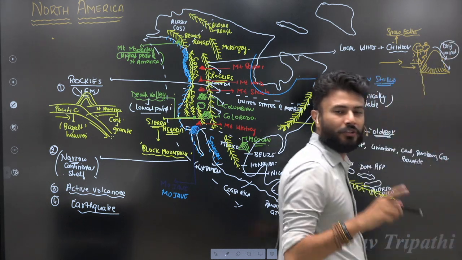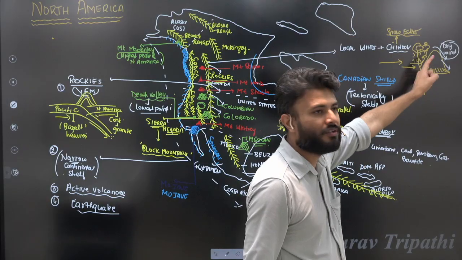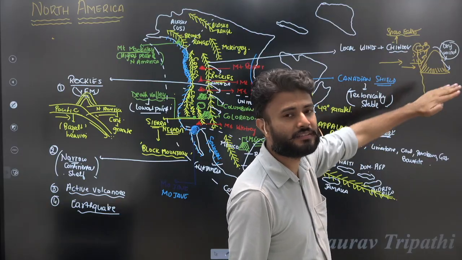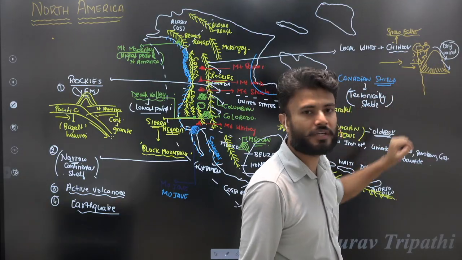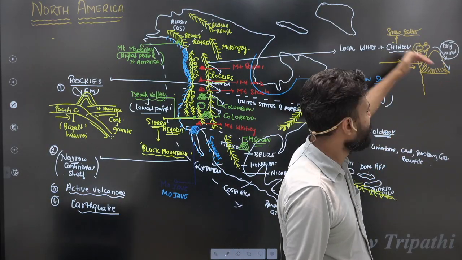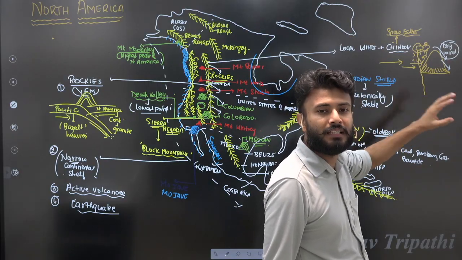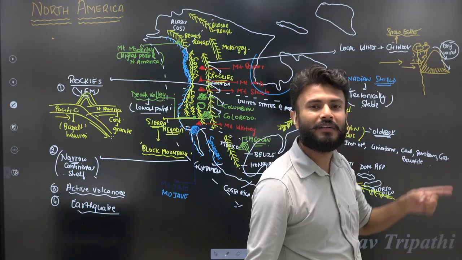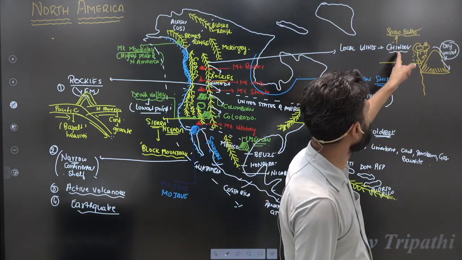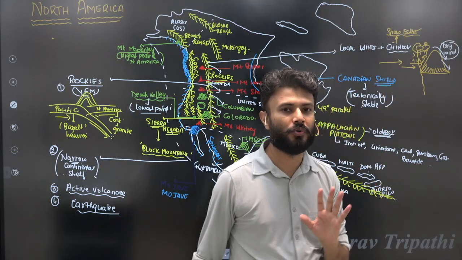So Chinook is a dry, warm wind which is present on the leeward side, that is the opposite slope of the Rocky Mountains. These dry, warm winds, when they enter the valley, because of their high temperature, melt the snow which is present in the valley, and that is why these Chinook winds are known as snow eaters.